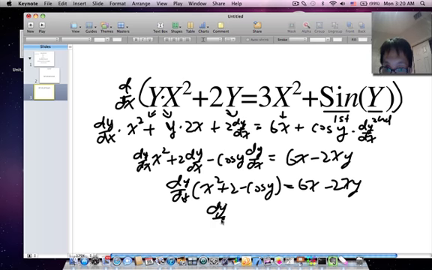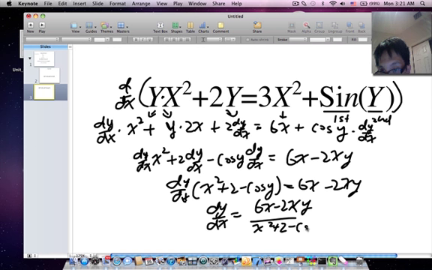So dy/dx equals 6x minus 2xy over x squared plus 2 minus cosine of y. Voila, that's the answer. See, it's really easy. All you have to do is be persistent and disciplined. Make sure you write this down, or you can pause it.